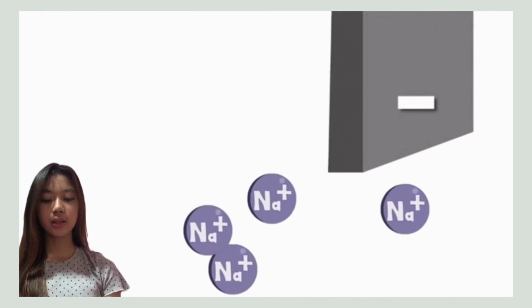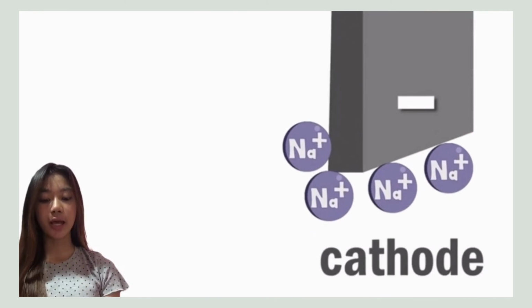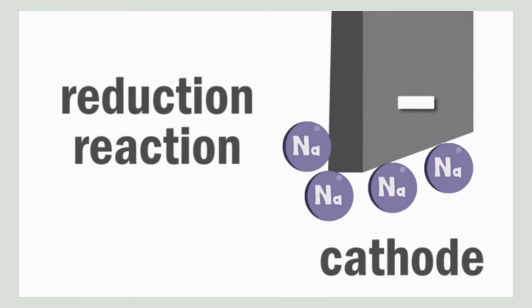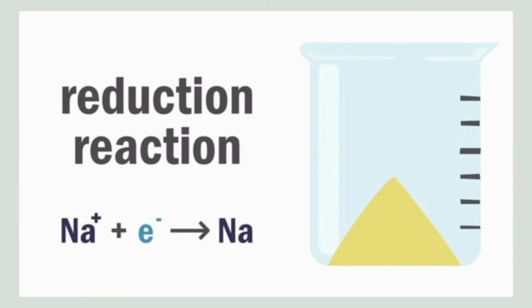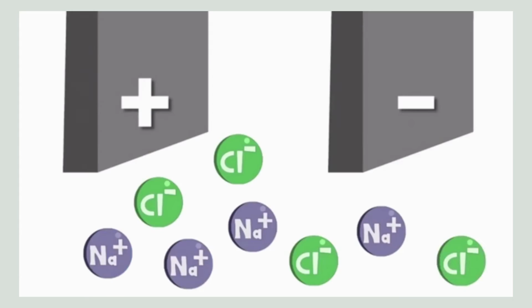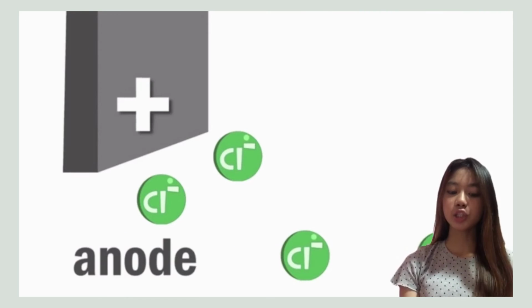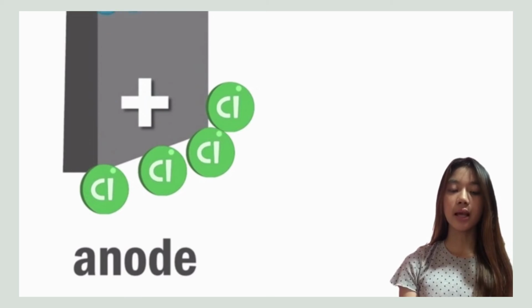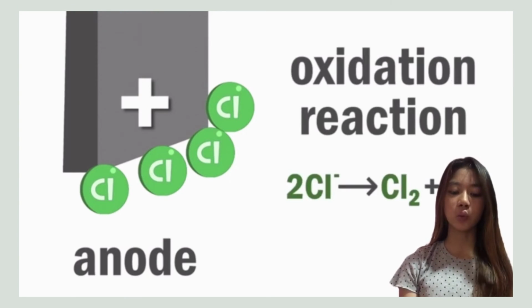In electrolysis, positively charged ions move to the negative electrode. They receive electrons and are reduced. Each ion gains 1 electron and sodium metal is produced. While the negatively charged ions move to the positive electrode, they lose electrons and are oxidized, opposite to the cathode.